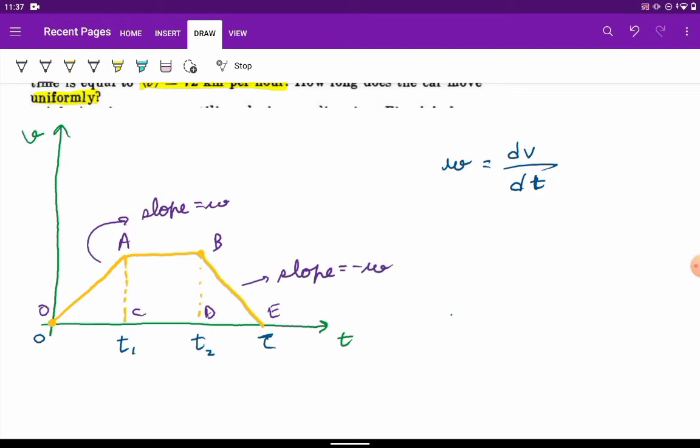So this is theta, the angle between the straight line and the x-axis. This will also be theta, but in the opposite direction obviously.